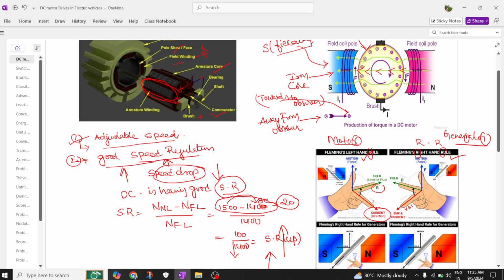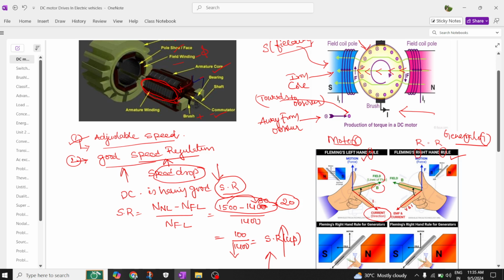In this case, you can see your magnetic lines of force are traveling in this direction. You can rotate this, and the current here is towards the observer. So you have to reverse it like this.